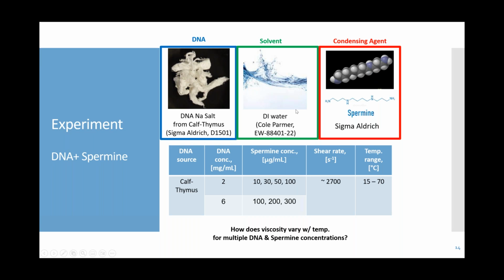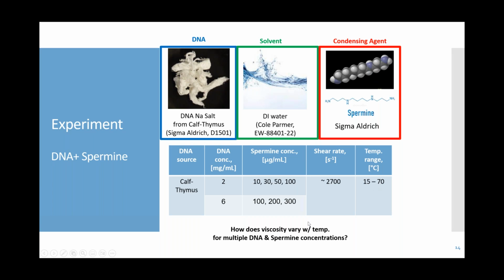So we prepared two different DNA concentrations, including 2 and 6 mg per ml, and then added various amounts of spermine to them. We measured the viscosity of DNA solutions containing different concentrations of spermine. We studied one shear rate that is 2700 inverse second, and temperature range from 15 to 70 degrees Celsius.